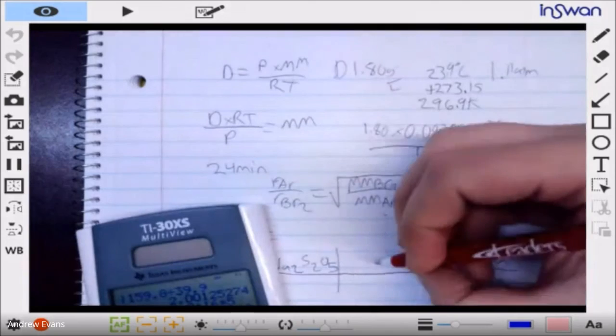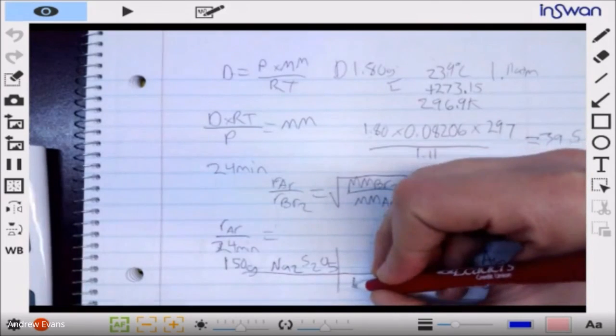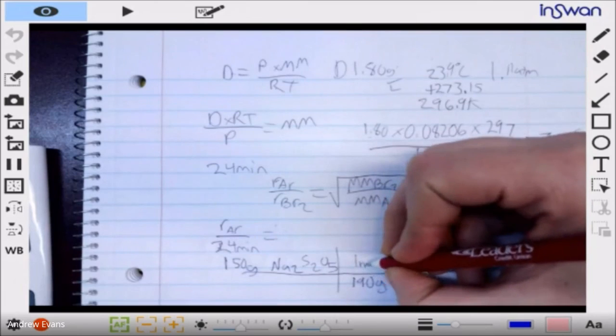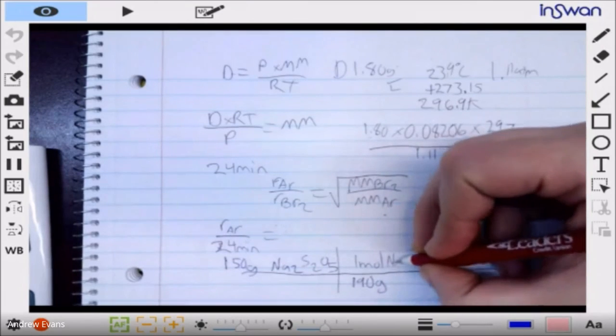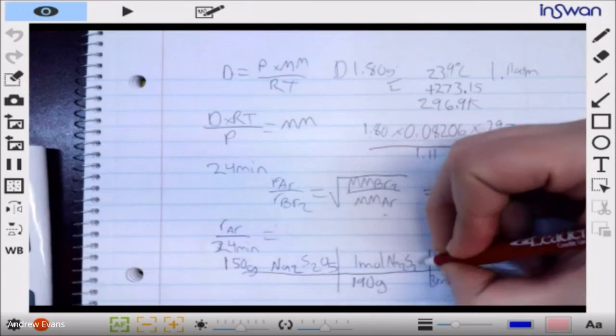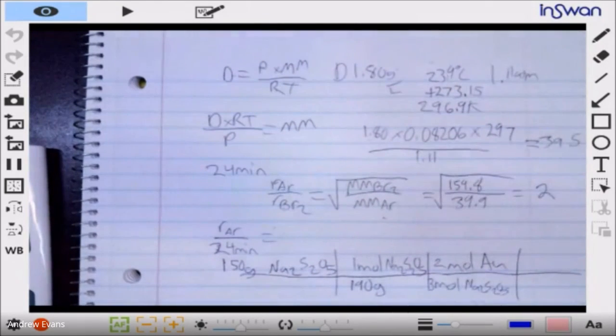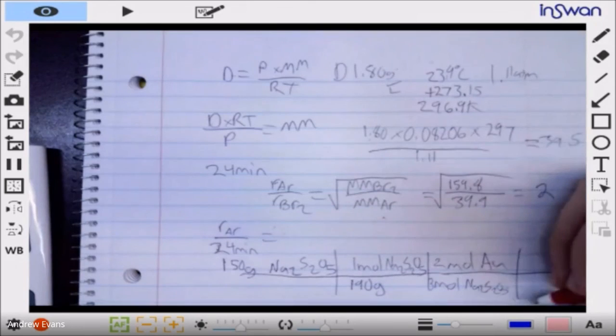The molar mass of sodium metabisulfite is 190 grams per 1 mole of Na2S2O5. What I have to look up, and I think it's 197 or 198, but what is the molar mass of gold? Gold is 197.